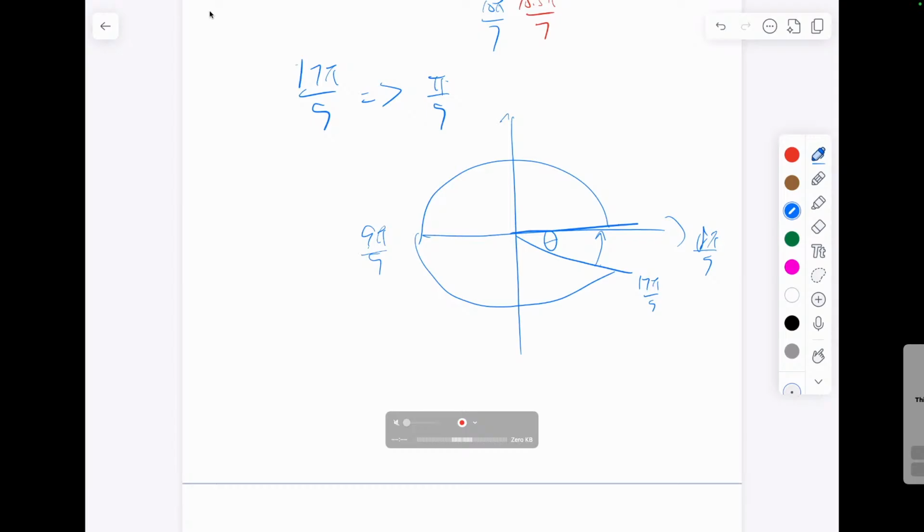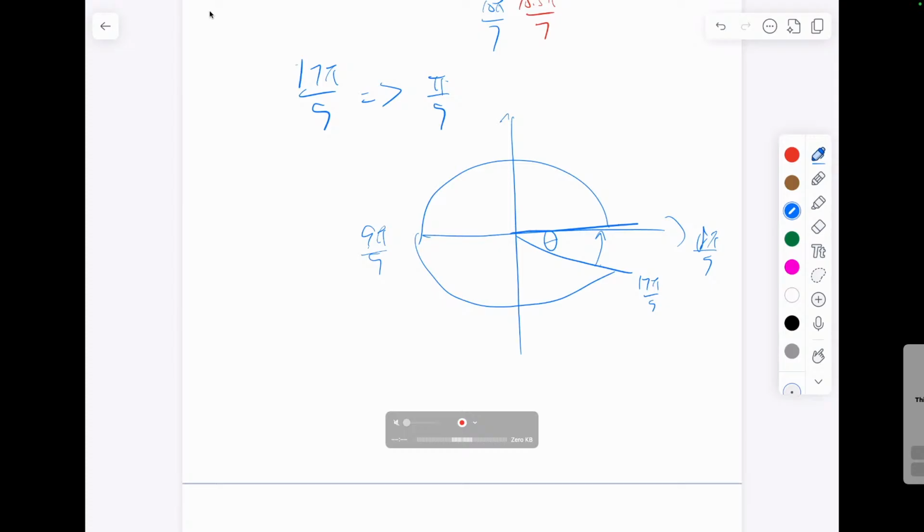We are just asking this angle right here, how far away 14 pi over 19 is from 19 pi over 19. So this has to be 5 pi over 19.